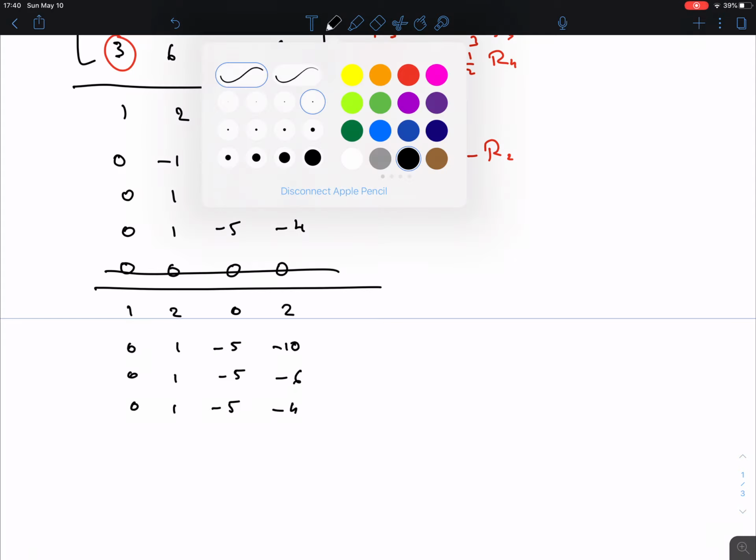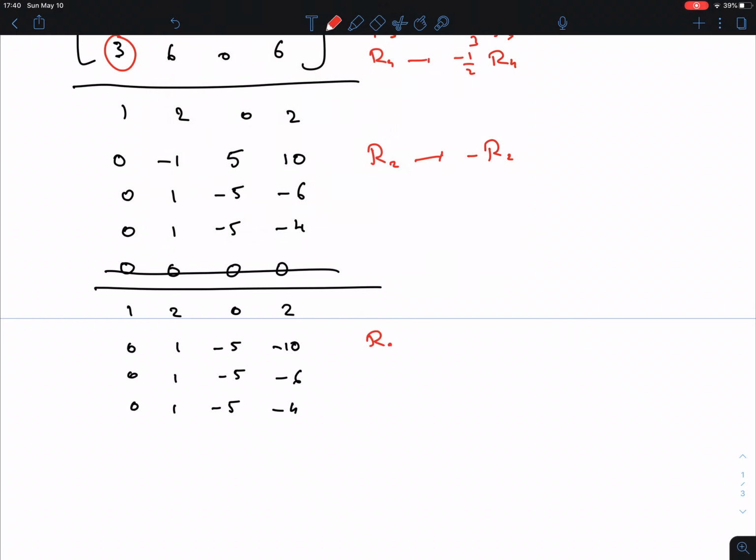Okay? So the next operation is row 3 minus row 2, and row 4 minus row 2. Okay.